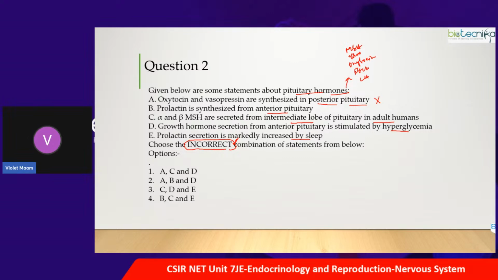If A is not correct, then we have two options where A is present. And if you know about B, so simply, for these types of questions, if you know one or two statements, it's easy to find the right answer. Yes, very good, Karen. Oxytocin and ADH, where are they synthesized? Are they synthesized in the posterior pituitary? Why did I say it is incorrect? Where are they synthesized?